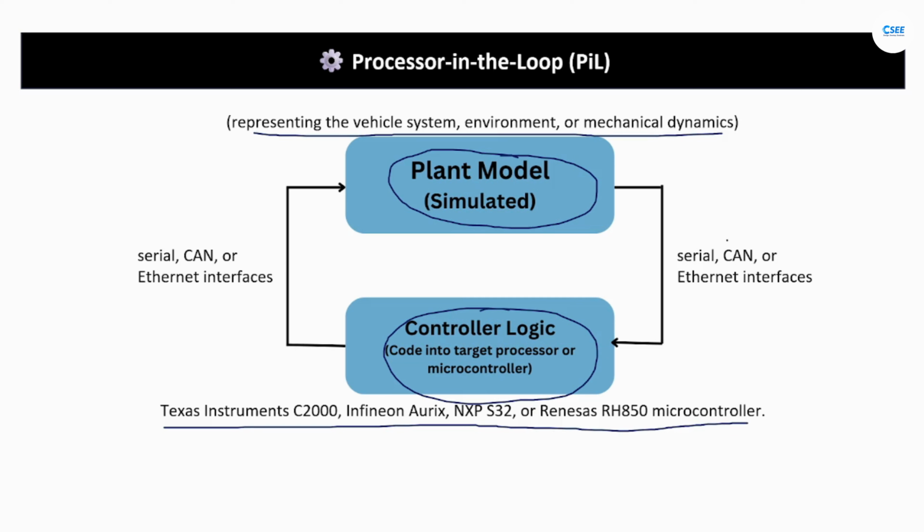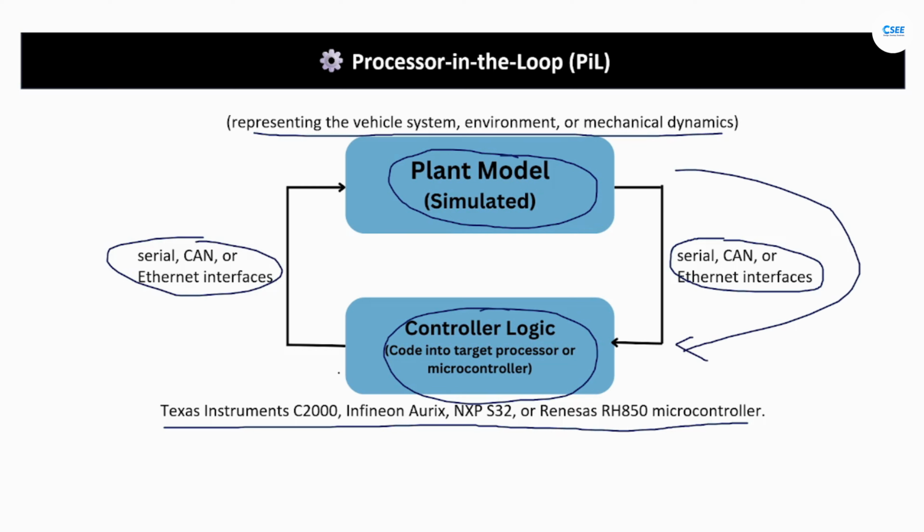Communication happens between them, typically over serial, CAN or Ethernet interfaces, so that the plant model sends the simulated sensor data to the processor and the processor sends back actuator commands. This gives engineers a very realistic test setup: the same control software running on the same embedded CPU, but still in a fully controllable simulated world.